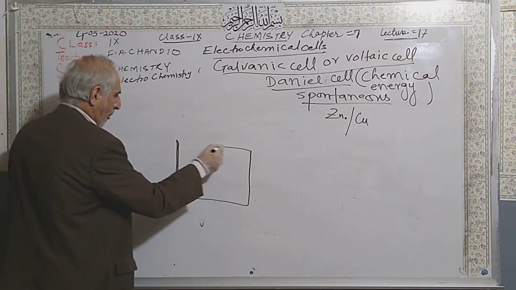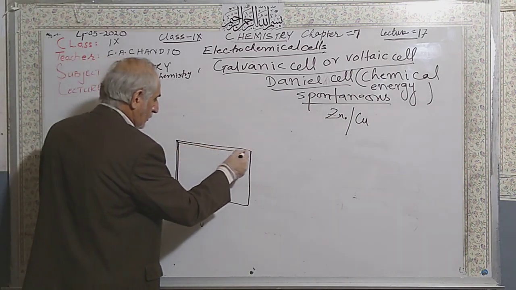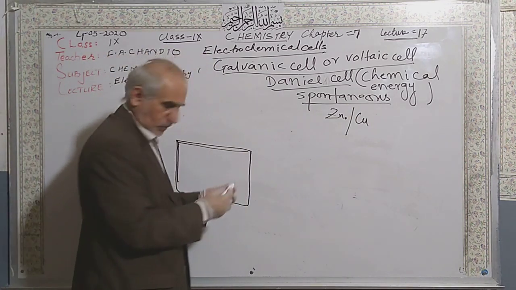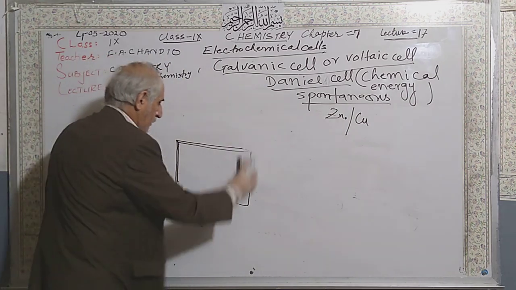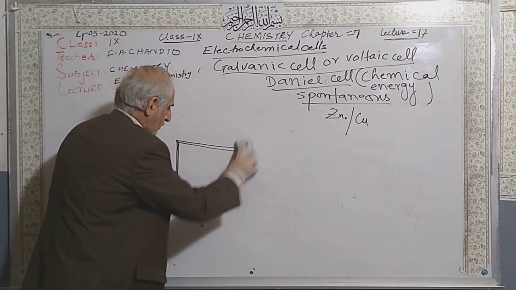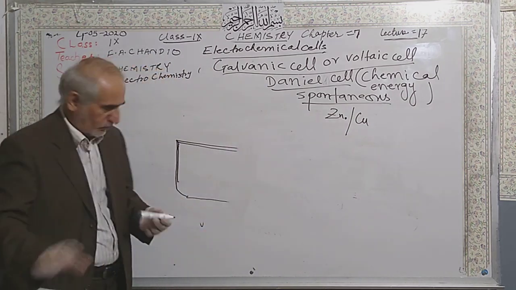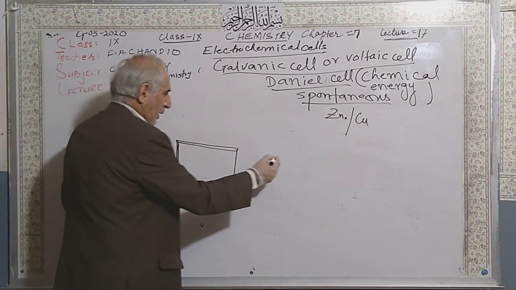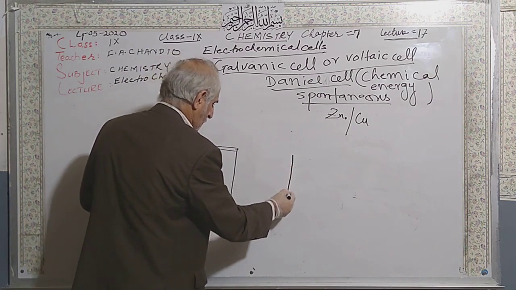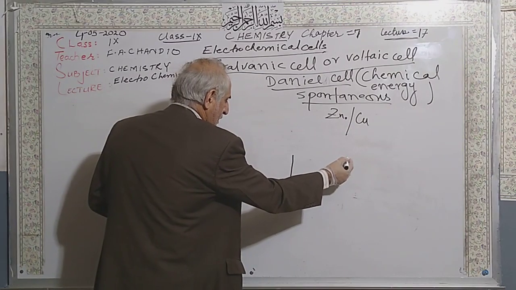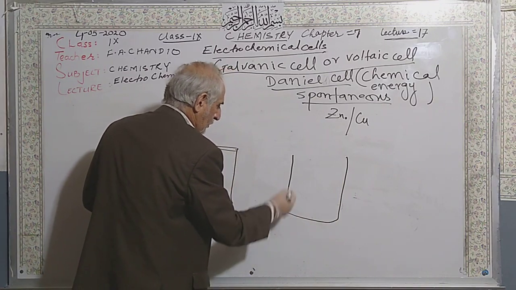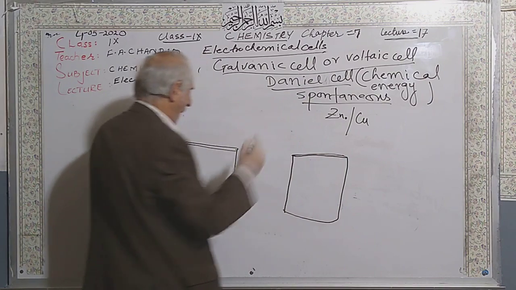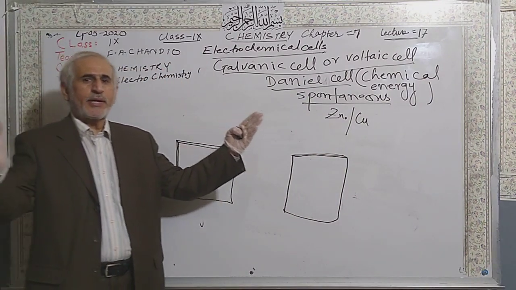This is a container. One container. And on the other side there is the same other container. You have two separate containers.